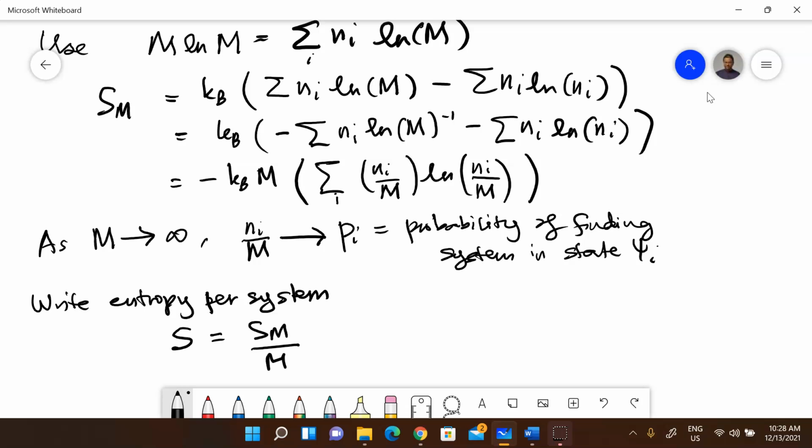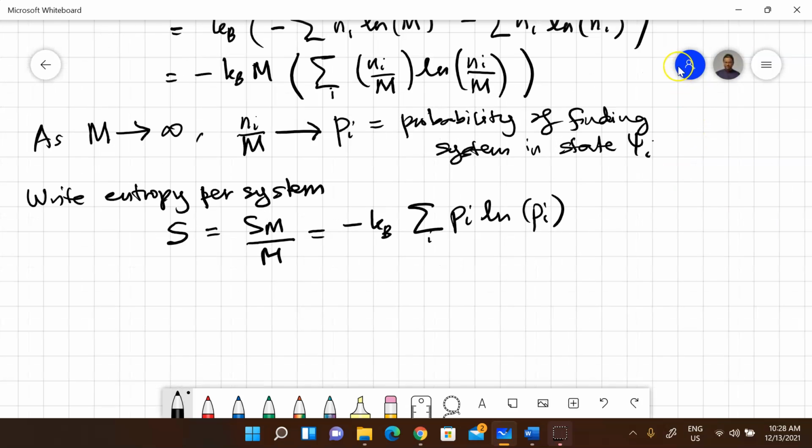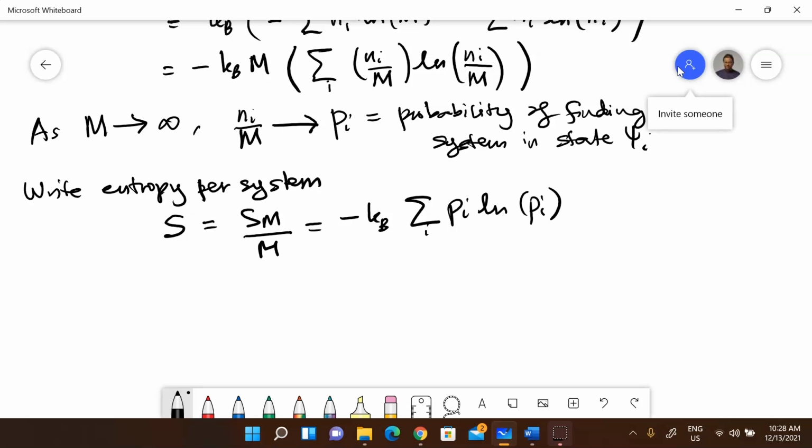So that will cancel off with this capital M. And that gives you this relationship: minus kB sum over i of Pi log Pi. And this is sometimes called the average entropy of a system in the canonical ensemble.